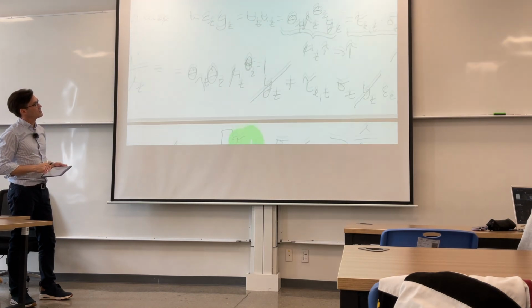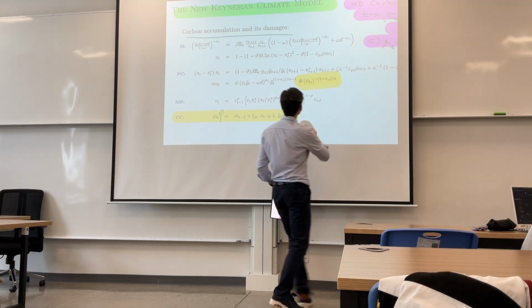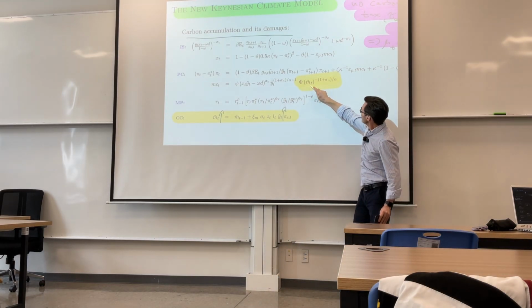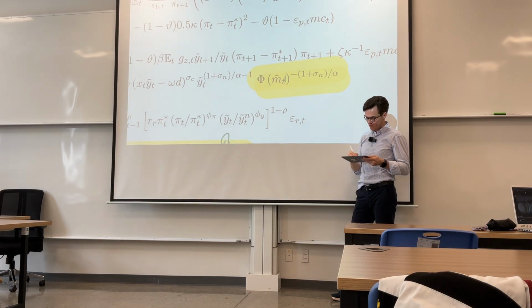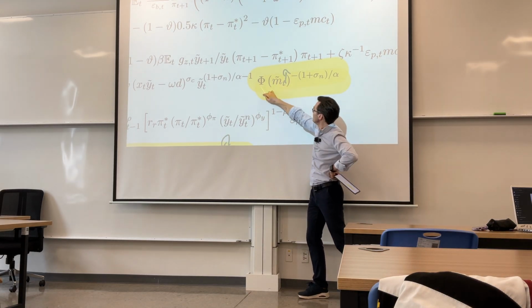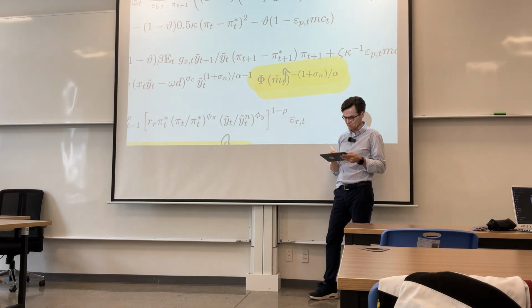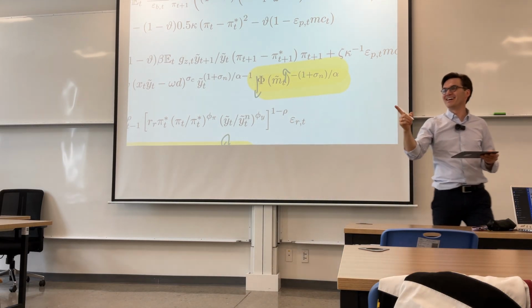So where do we see this in our equations? We see this right here. When m goes up, we have more emissions, the phi goes down, and you say, wait a second, that's the wrong direction, right? The minus. There's the minus sign.